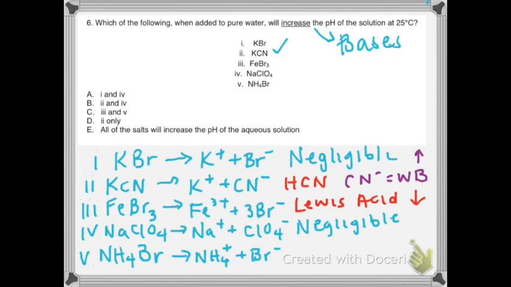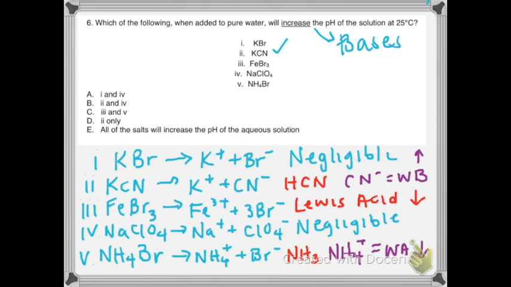And so those would come from NH3, right, when ammonia picks up a proton. And we know that ammonia is a weak base, so that means its conjugate is going to be a weak acid. So that would decrease the pH when dissolved.